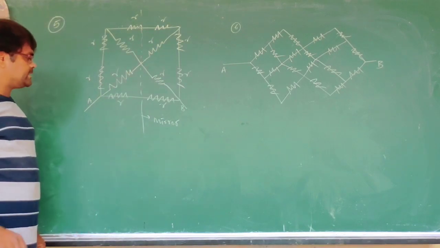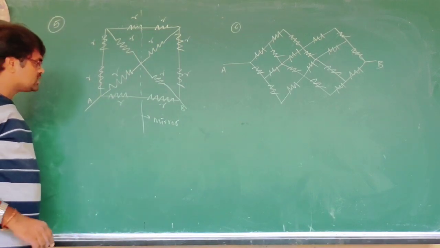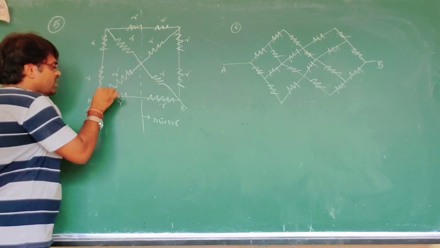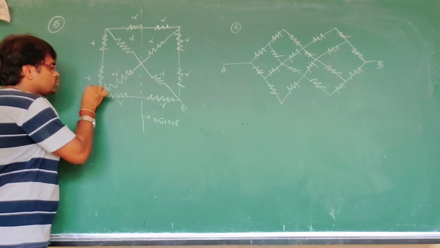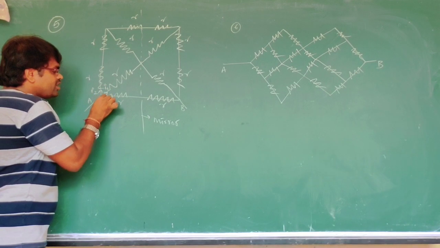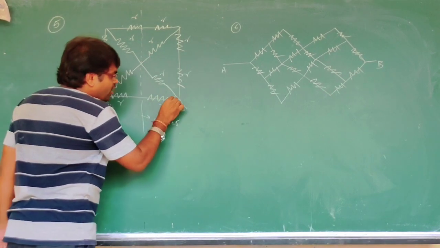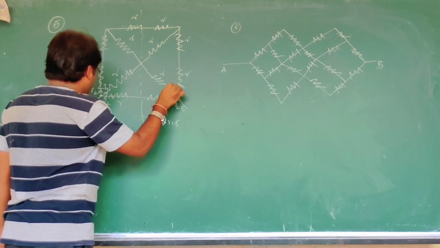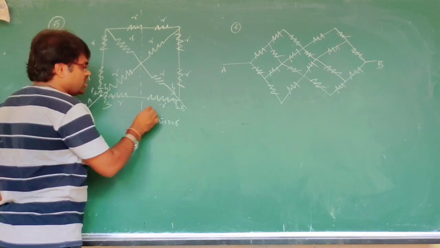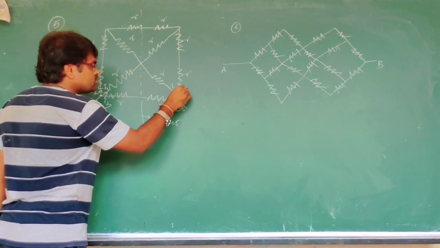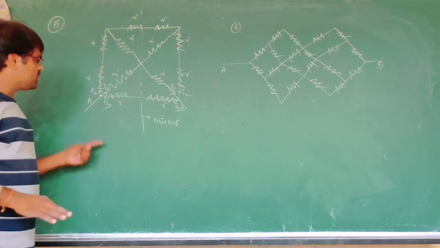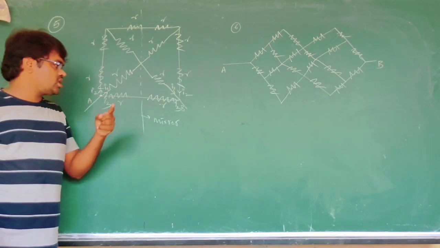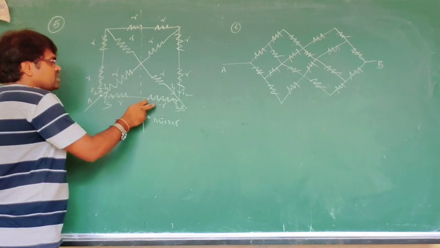Okay, cut. Now, the current is divided: I1, I2, I2. Then you see mirror: I1, I2 here, I1 here, I3, I2. That means current will flow.